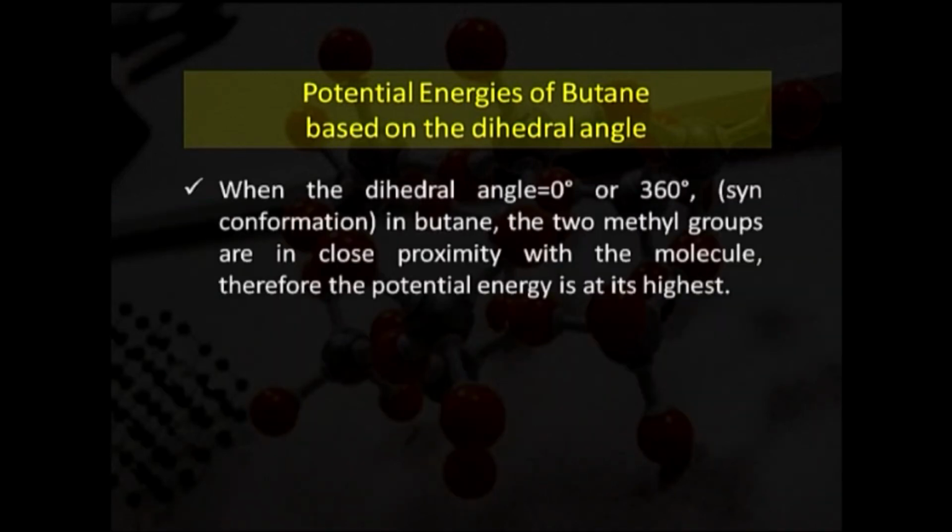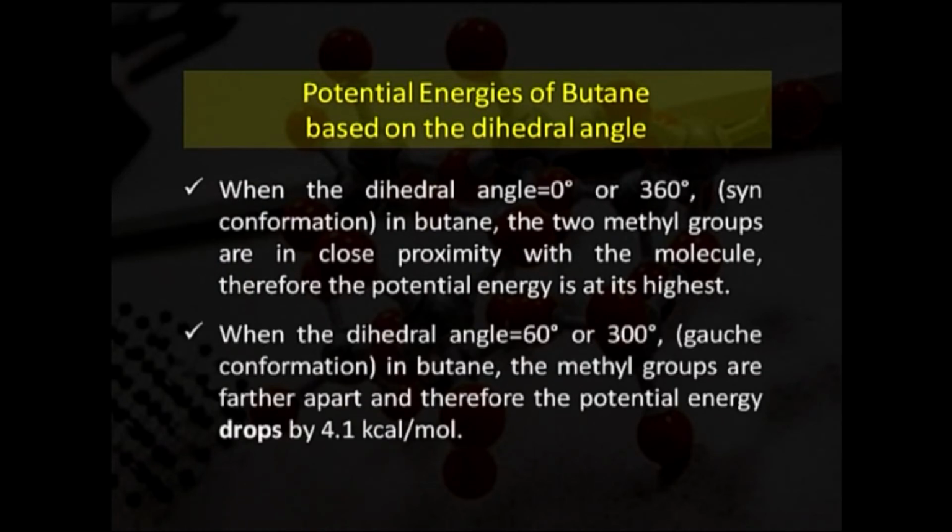When the dihedral angle is 0 degrees or 360 degrees, known as syn conformation in butane, the two methyl groups are in close proximity within the molecule. Therefore, the potential energy is at its highest. When the dihedral angle is 60 degrees or 300 degrees, known as Gauche conformation in butane, the methyl groups are farther apart and therefore the potential energy drops by 4.1 kilocalorie per mole.